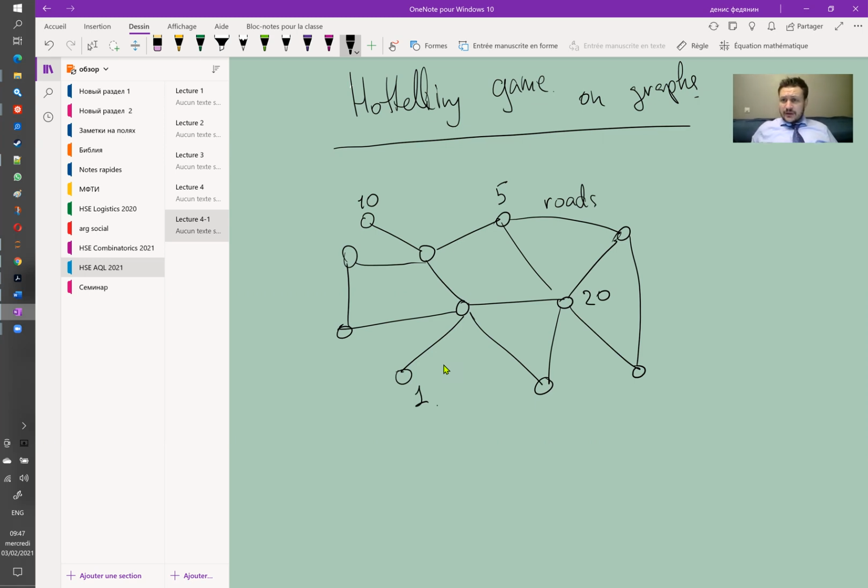And we are looking for good places for our shops. One variant of this problem is to find the best places that are close enough to these customers.